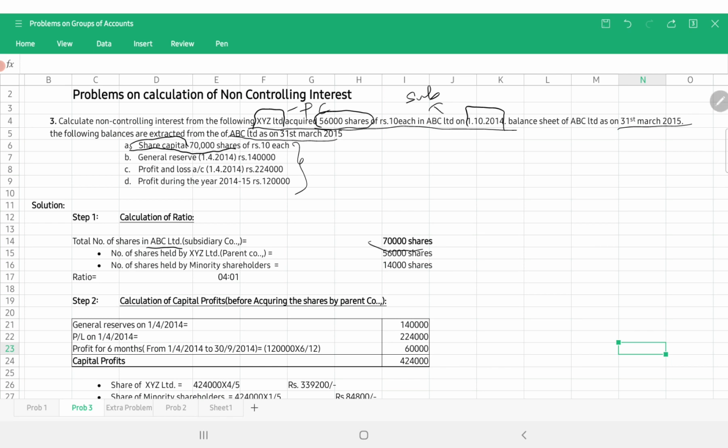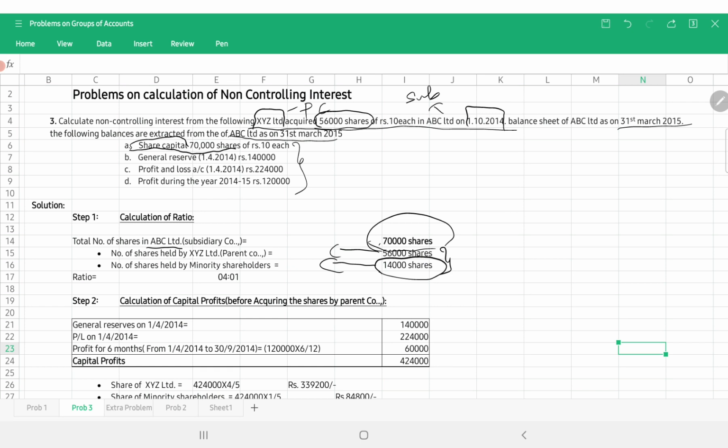Out of the total 70,000 shares, we already know from the question that 56,000 shares were taken over by the parent company. The remaining, 70,000 minus 56,000, is 14,000 shares, taken over by the minority shareholders. There is nothing else in the 70,000, because it was completely issued by the subsidiary, with 56,000 taken by the parent and 14,000 by the minority shareholders.